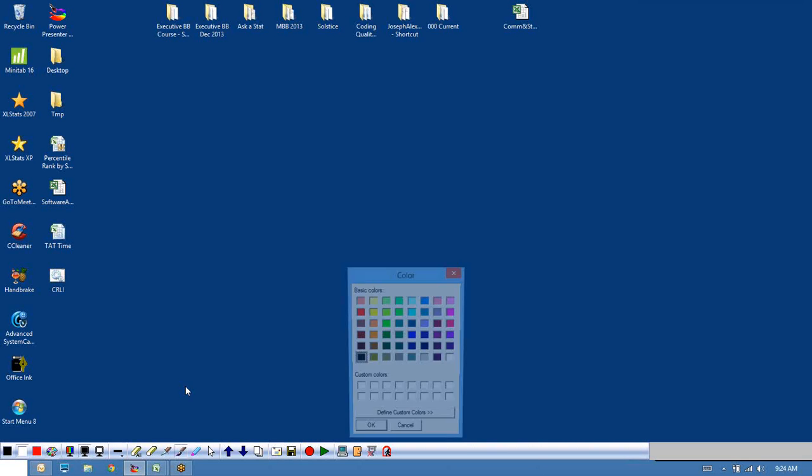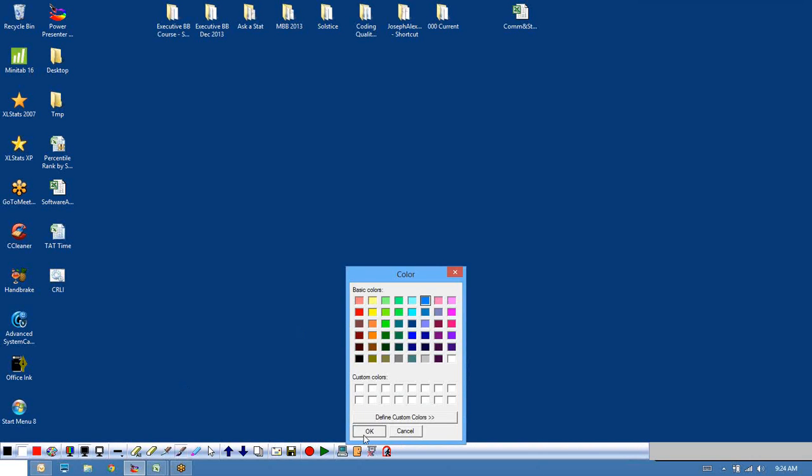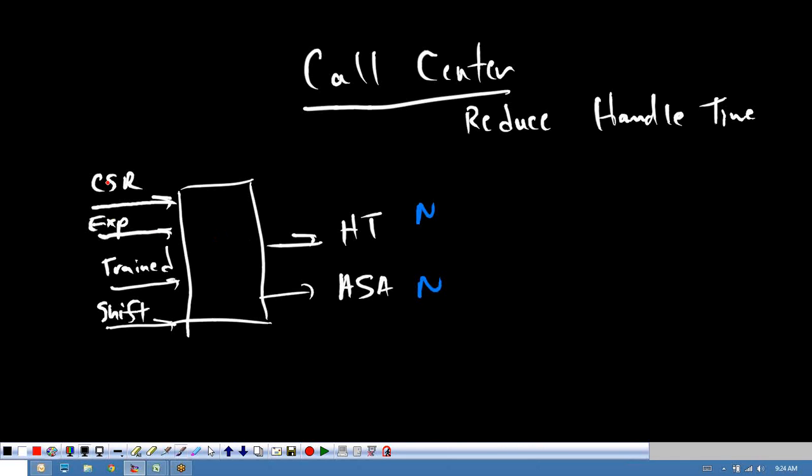Let us now list whether these are categorical or numerical. CSR is the person, the person's name, that's a label. Who made the call? That's a cat. That's not a number. I can't add Joe and Jim and get some Joe-Jim.